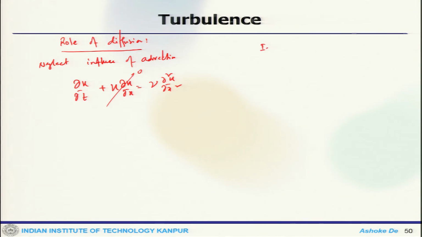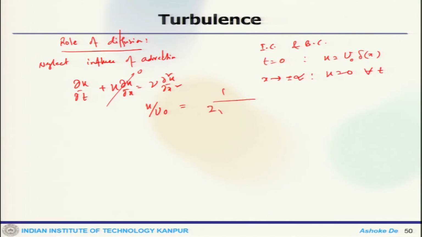My initial and boundary conditions are: at t = 0, u = u naught, and u tends to 0 as x tends to infinity for all t. So, my solution will look like 1 by root of 2 pi t times u naught square by nu, exponential of minus x square by 4 nu t.